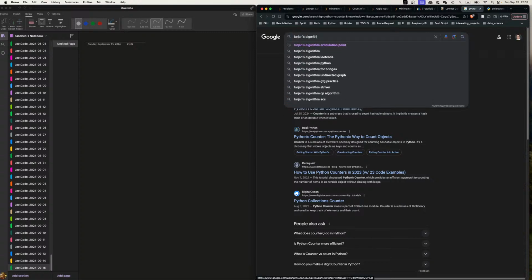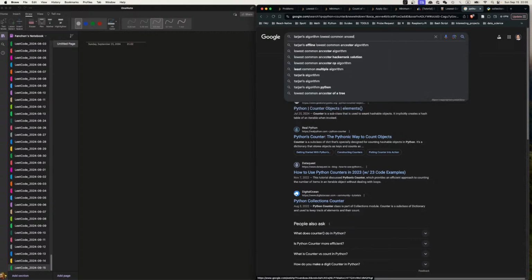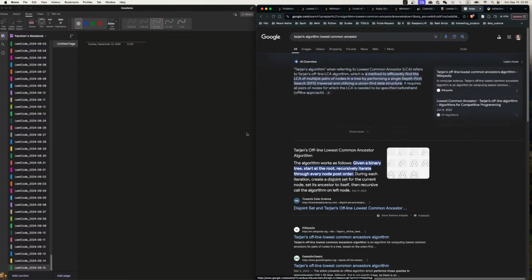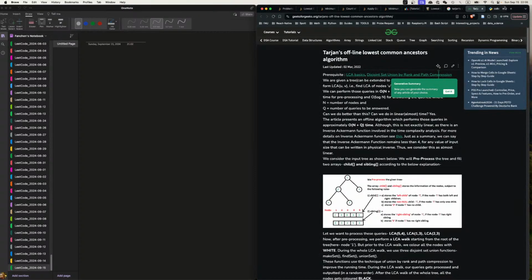Tarjan's algorithm and lowest common ancestor. Okay. Yep, we'll have to read through this.